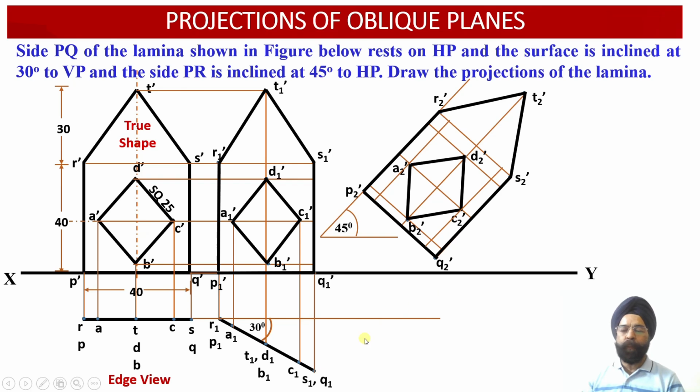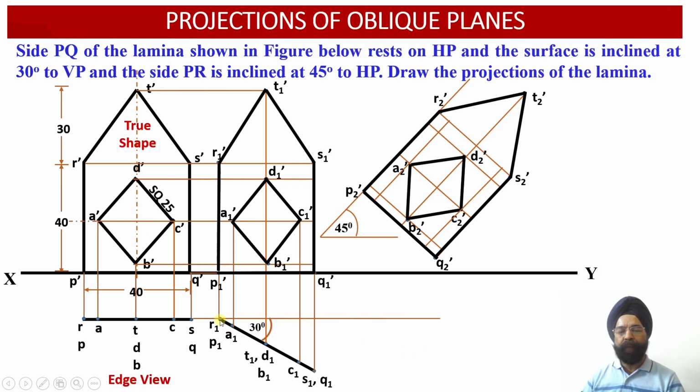Now the corresponding projections of these 9 points into the top view projections we need to obtain. So how will these top view projections be obtained over here? From these 9 points in the elevation, from all of these 9 points, we are going to draw the vertical projector lines over here into the plan projection view.